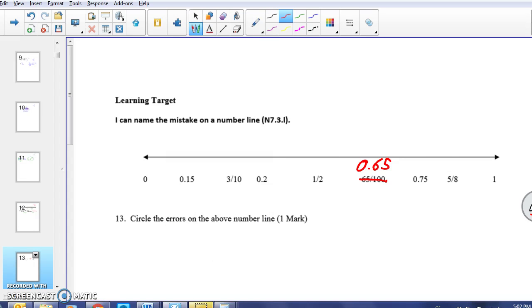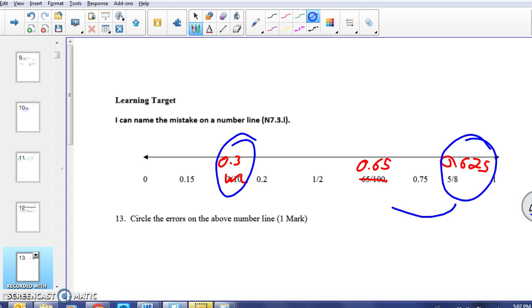So that 0.625 was 5/8. Over here, I know that this is 0.3, and now I have them all in decimals. So you can see the ones that are out of place are my 0.3 and my 0.625, because this one should be over here, and this one should be over here. So those two were incorrect. Give yourself a half mark for each one that you circled correctly, and that one is out of 1.